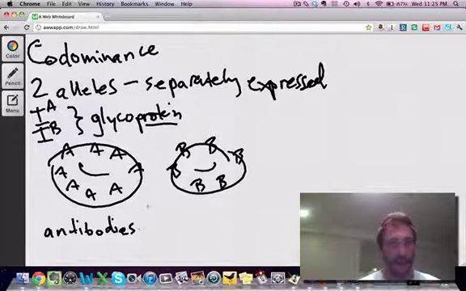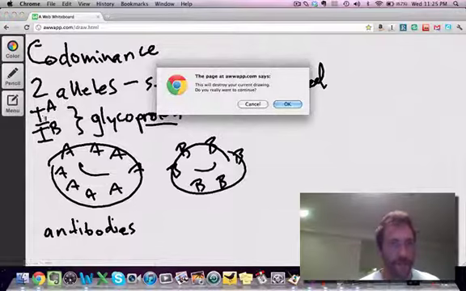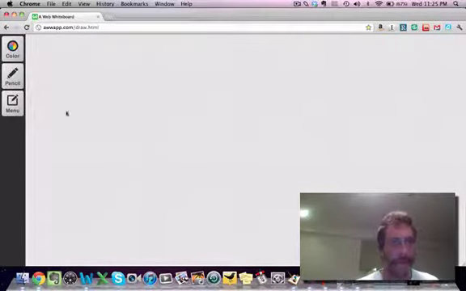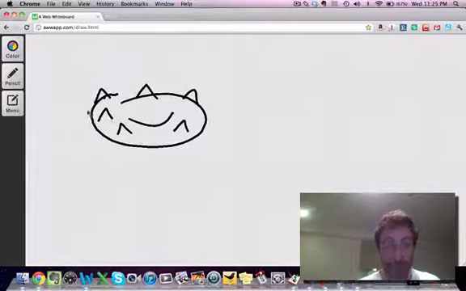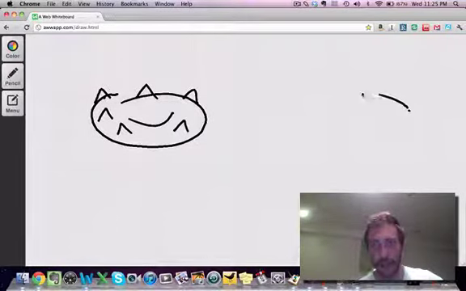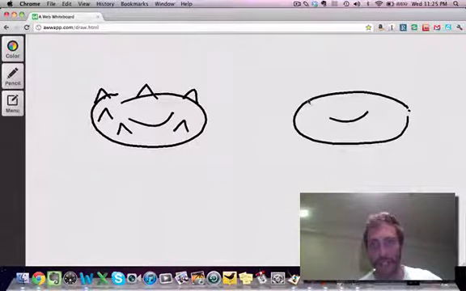That means that if you are type A blood, here's A again, and I'm just going to draw them as triangles, you've got these A-shaped glycoproteins on the surface, but you're also going to have floating around in your bloodstream antibodies that will bind to the B shape. Here's a guy over here with the B shape, I'll draw them just as squares.